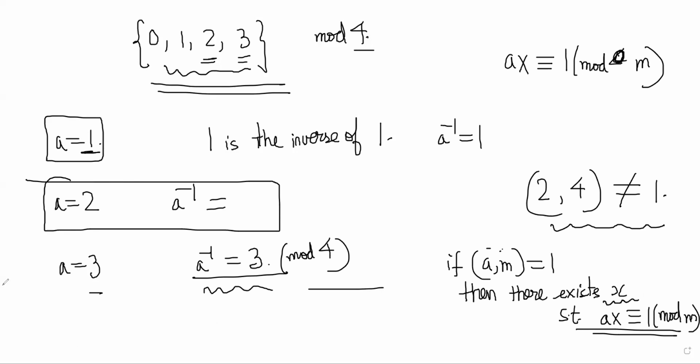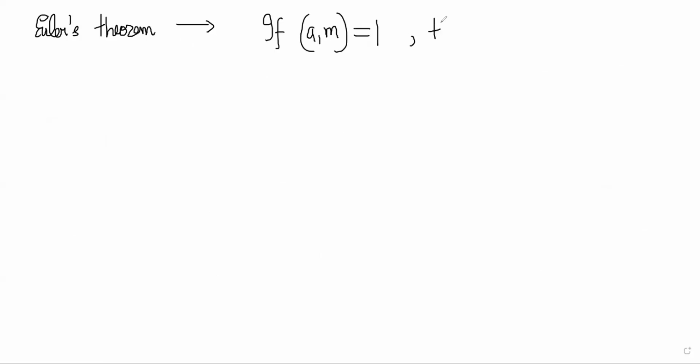Now we look at a couple of theorems that are super important, especially from the point of view of Olympiad problems. The first one is Euler's theorem. This says if A and M are co-prime to each other, then A power phi of M is congruent to 1 mod M. So the way to prove this is pretty simple.